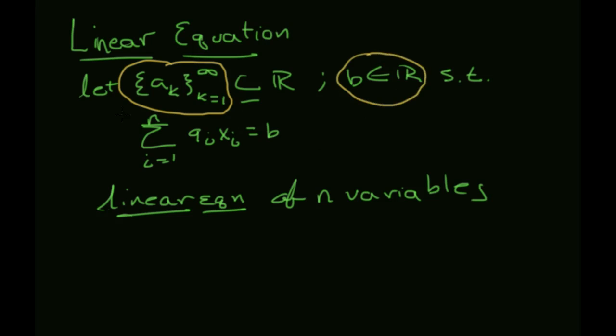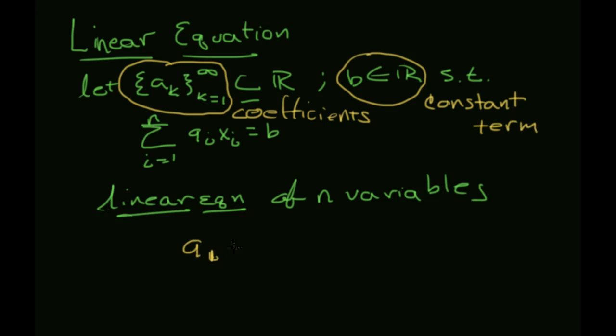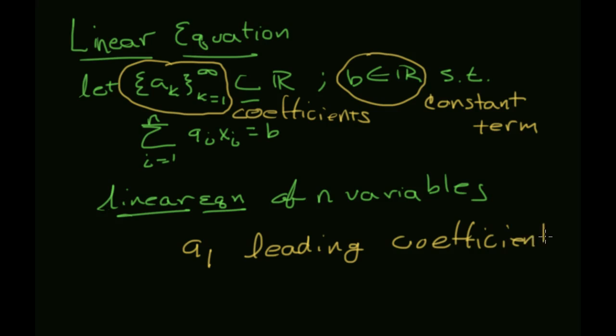This is the constant term. The first coefficient, a sub 1, is called the leading coefficient, and the first variable, x sub 1, is the leading variable.